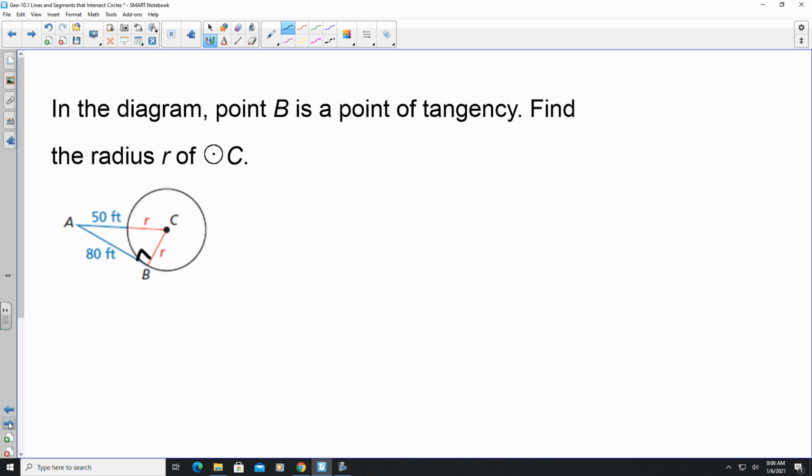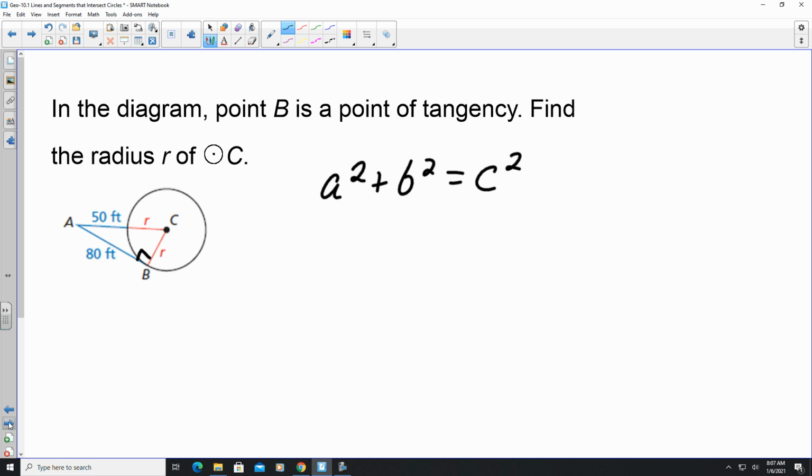So we're still going to use the Pythagorean theorem, a squared plus b squared equals c squared, to help us find our value for R. It makes it a little bit more interesting because you have R in two sides of the triangle.